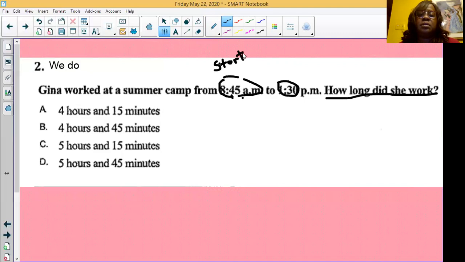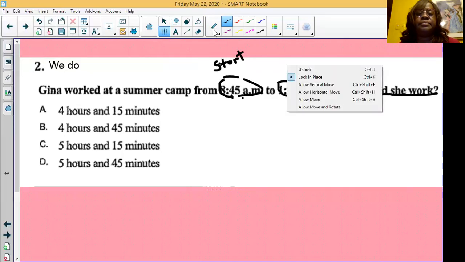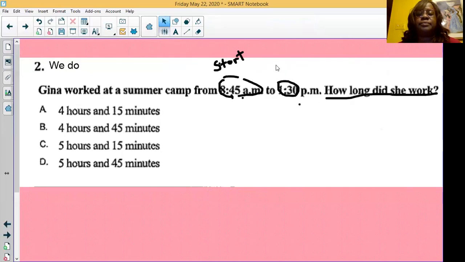Okay, so if 8:45 is our start time, then 1:30 we know would be our end time.